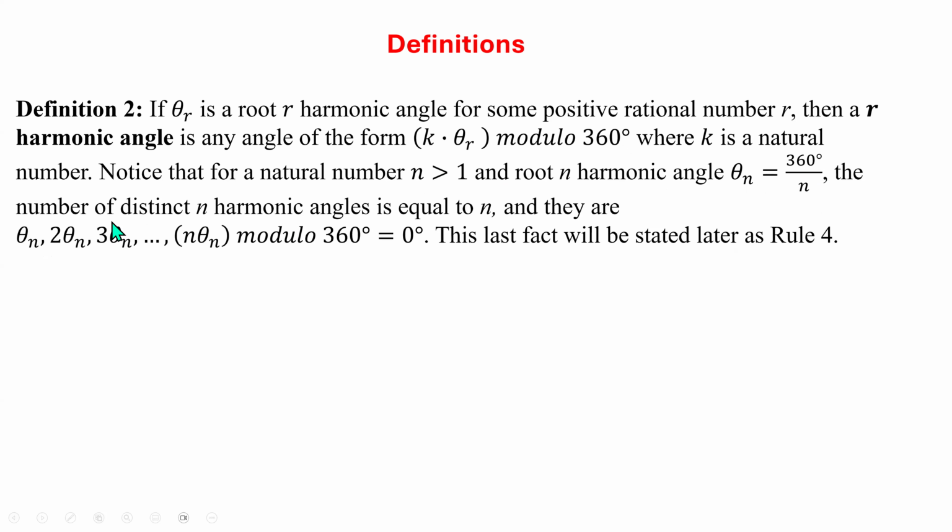Then we have 2 times that angle, 3 times that angle, all the way up to n times that angle modulo 360 degrees, which will be equal to 0 degrees. This last fact will actually be stated later as rule number 4. We can actually prove this as a theorem, but here I'm just incorporating it into this definition of an R harmonic angle.